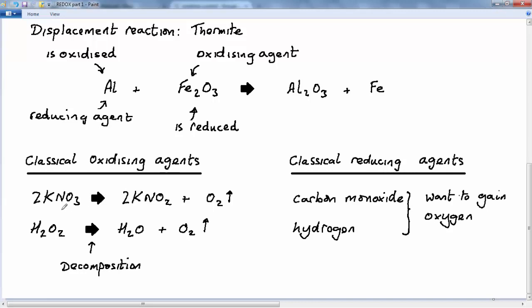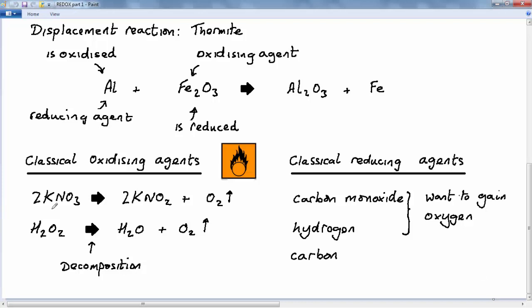For example, potassium nitrate or hydrogen peroxide would be termed oxidizing agents. So if you were to buy these substances from a chemical supplier, they would come in a bottle or a jar with the following symbol attached to them. This symbol would tell you that these are oxidizing agents. That basically means that they will readily decompose to supply oxygen.